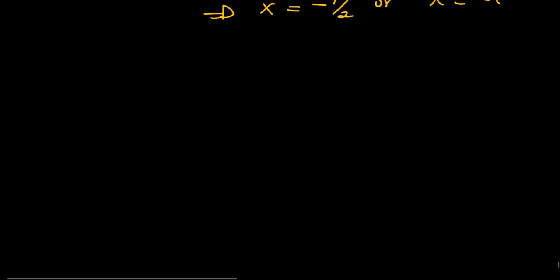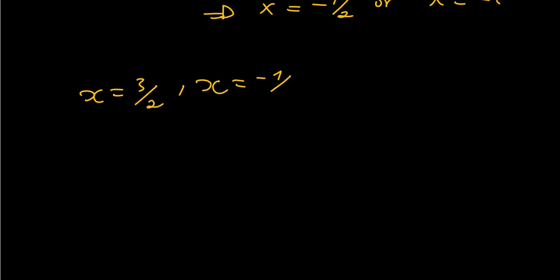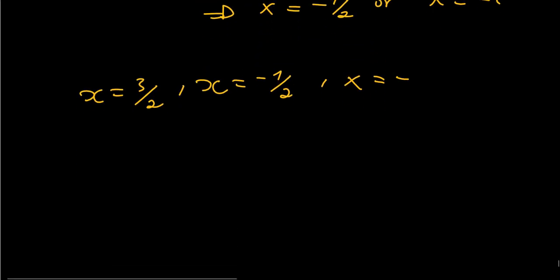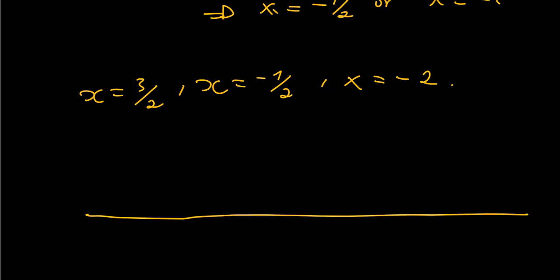So the three critical values are x is equal to 3 divided by 2, x is equal to negative a half, or x is equal to negative 2. So we are going to represent this now on the number line. And since we are dealing with a strict inequality, we are going to use open circles to represent the points. So there are 3 points in total.